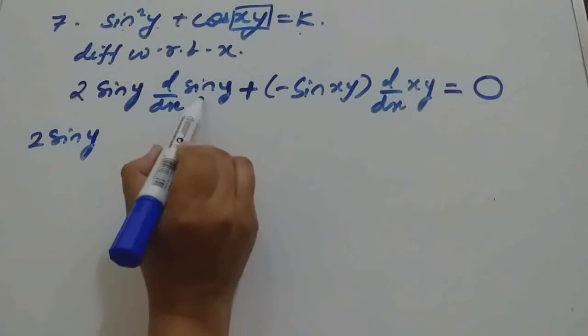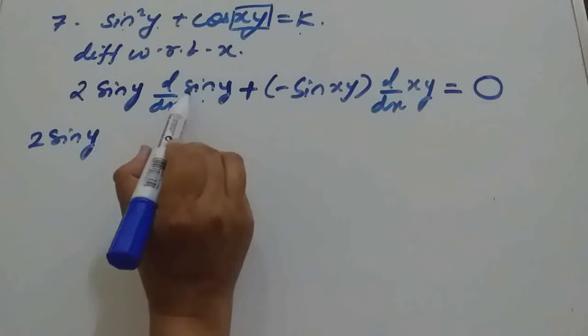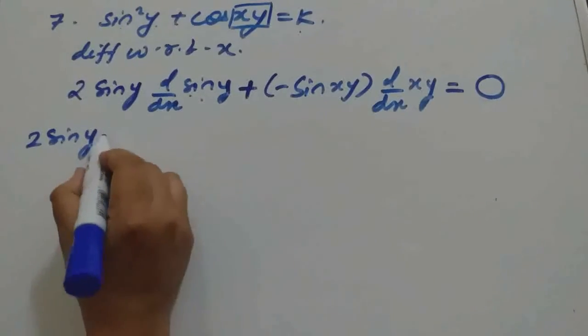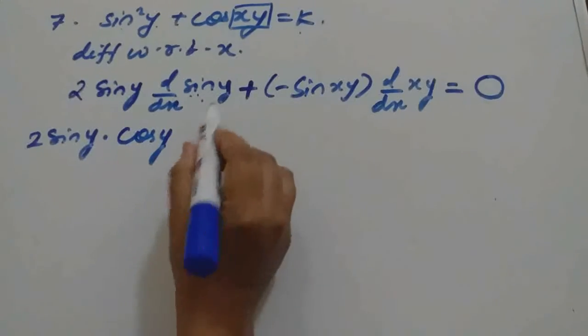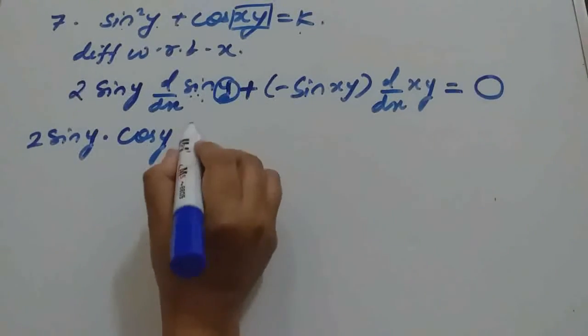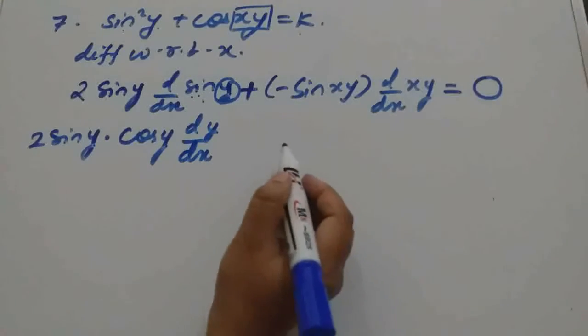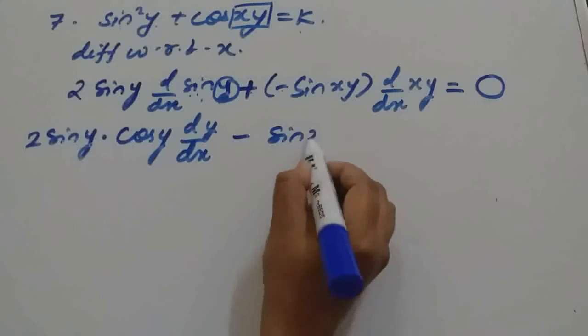See, here also this is again a composite one, because we have a standard function in terms of x, sine x. So derivative of sine x is cos x. So here we will write sine, derivative of sine y is cos y. But again derivative of the composite function which is other than x. So derivative of y, that is dy by dx, minus sine xy.